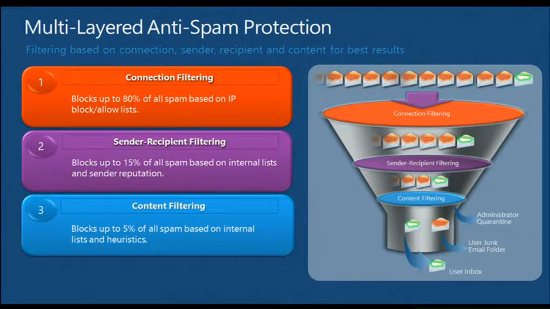Then we get on to the third layer, and this is where the good technology happens. This is where the interesting stuff is. We've got a team of spam analysts that work around the world. They're distributed around the globe, and FOPI as a service, again, is distributed very heavily globally so that we've got the ability to load balance right the way around the world, and it's very, very hard for that service then to be taken down.